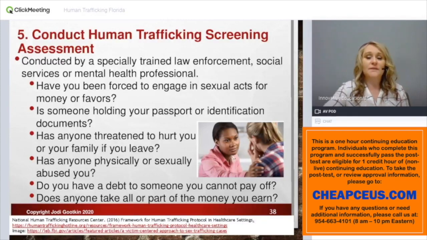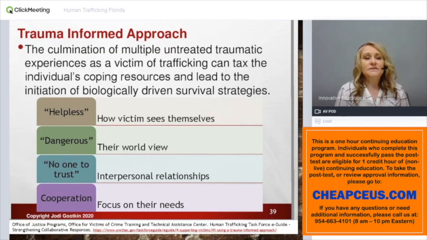As the individual who is conducting the screening works with the potential victim, they're going to use what's called a trauma-informed approach. And it's important to recognize that these individuals have been in these abusive, emotionally entrapping situations for potentially a long time.